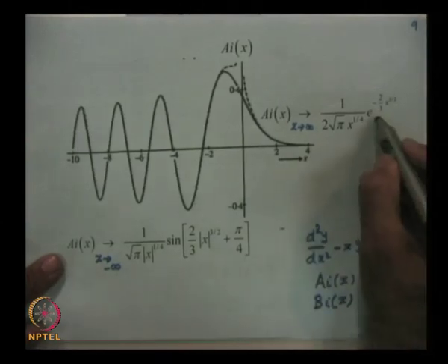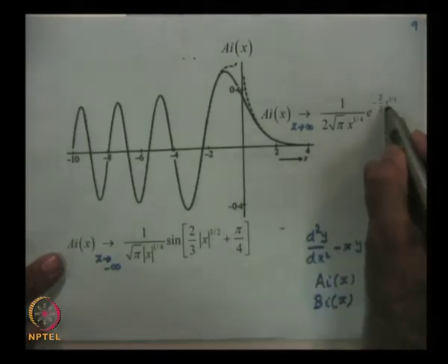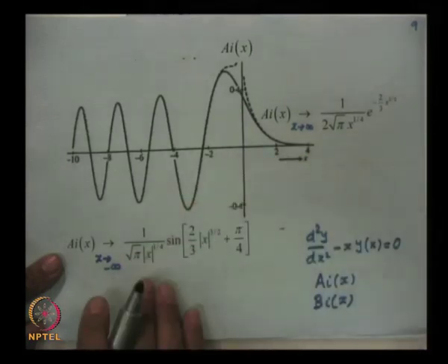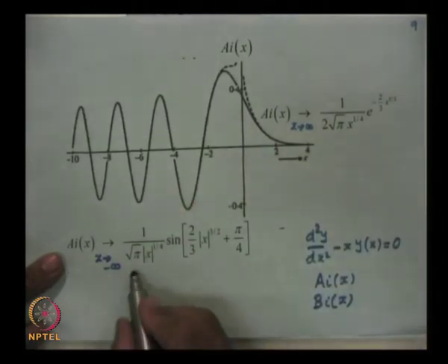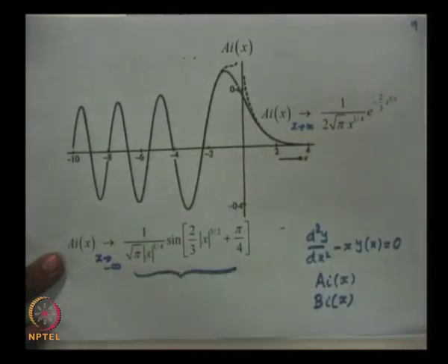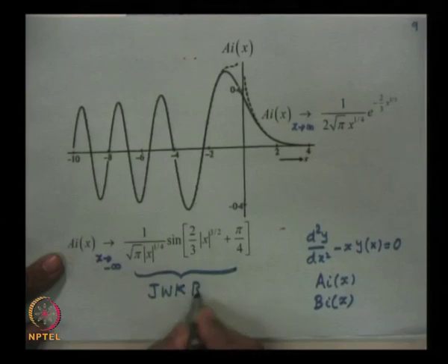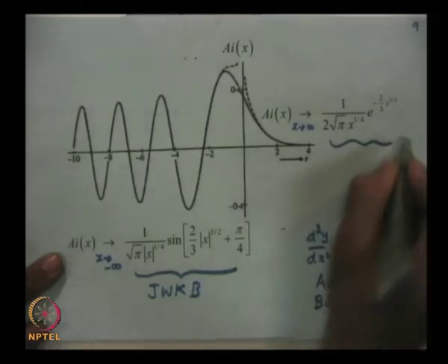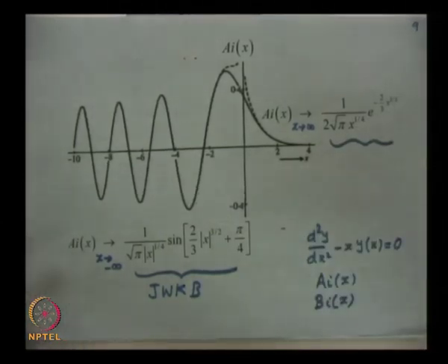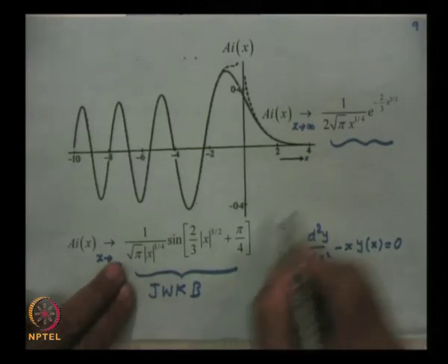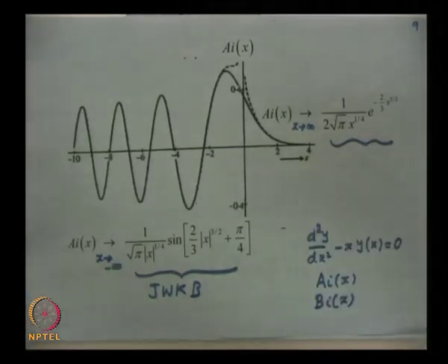If you can read properly, this is exponential minus 2 by 3 x to the power of 3 by 2. Now, these asymptotic forms are the JWKB solutions, and therefore, the sine term goes over to this term.